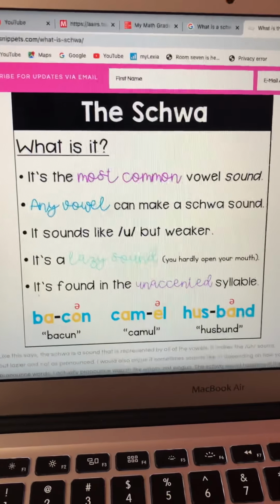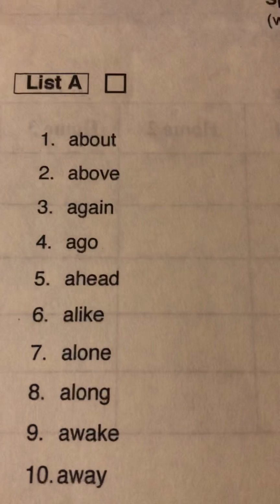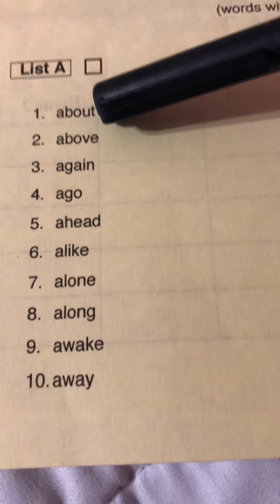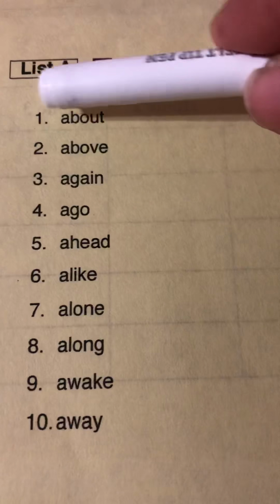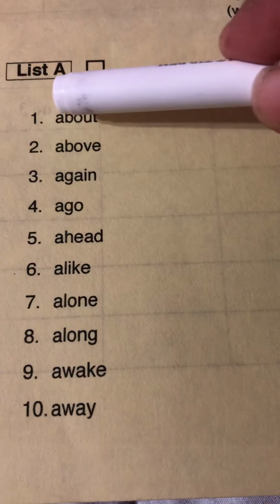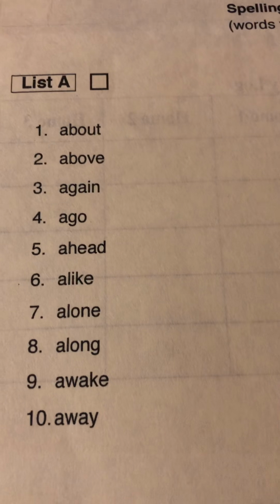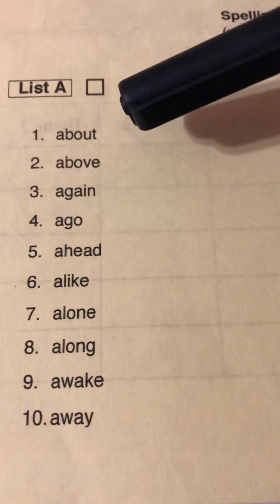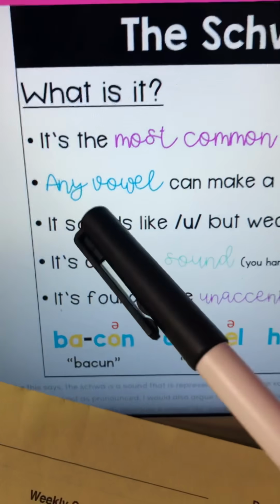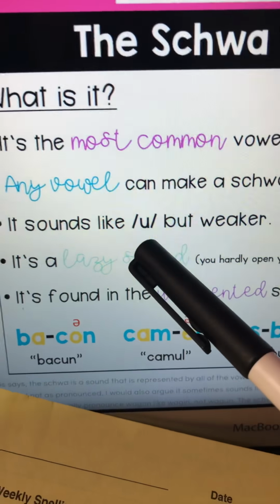Now let's look at the list for this week. Okay, so for list A, the words are number 1, about. So if you look at it, it's not ah-bout because the short sound for A is ah. So instead of about, it's uh-bout. Now remember that most of the schwa sounds are going to sound like uh, okay?